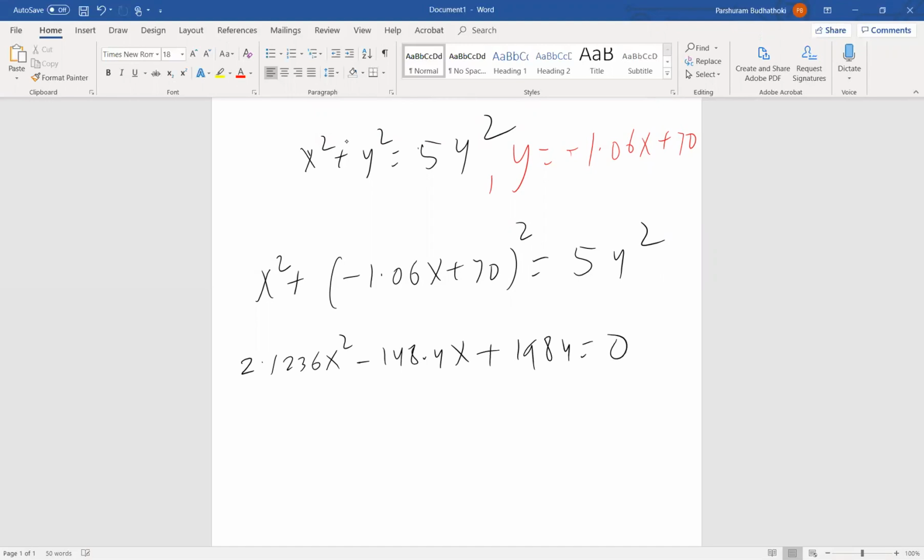If you just expand this, combine the like terms and subtract 54 squared from both sides, this is the equation you are going to get.